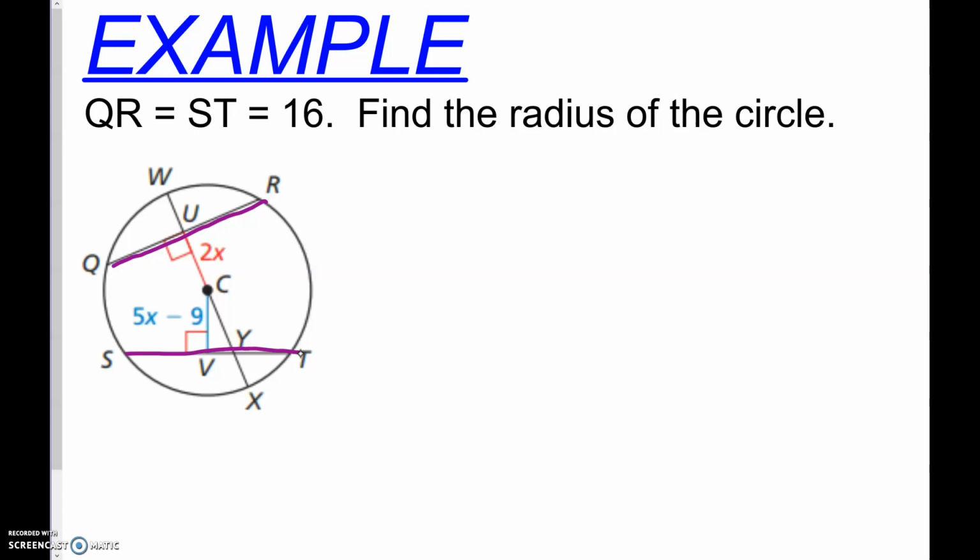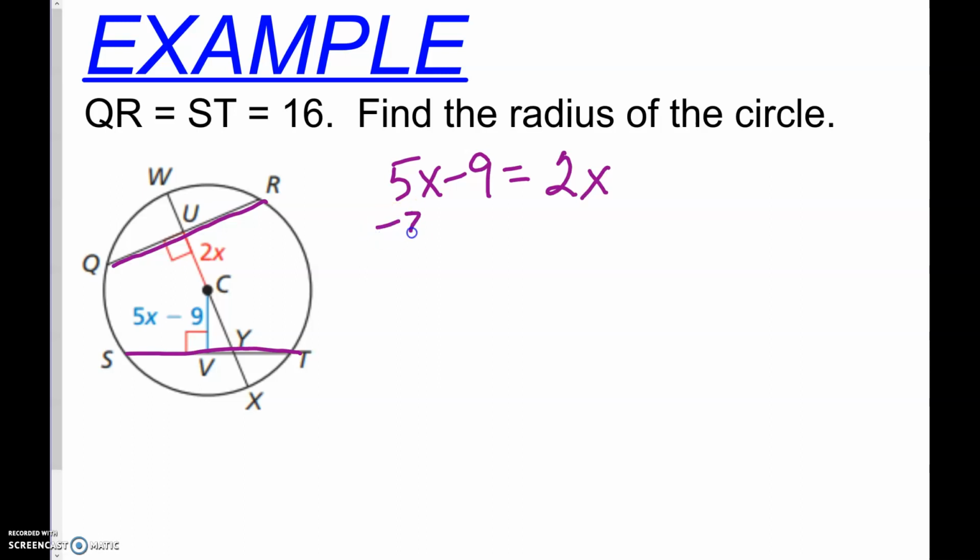If you see that red line comes down perpendicular and the blue line comes down perpendicular, that means they are equidistant from the center, because if that comes down perpendicular, it is bisecting those. And if we know the chords are congruent, then they have to be equidistant from the center. So that means that 5x minus 9 has to equal 2x.